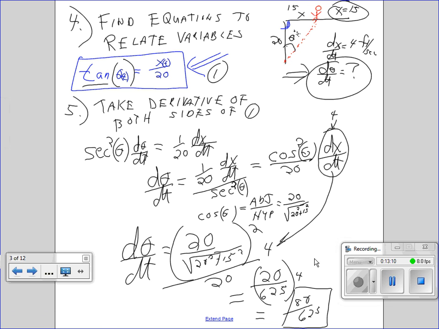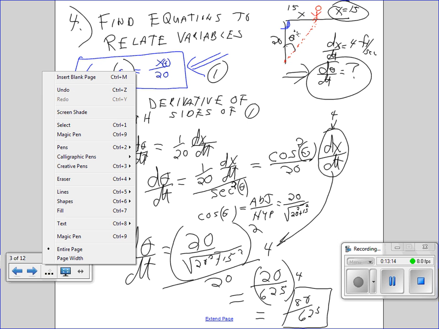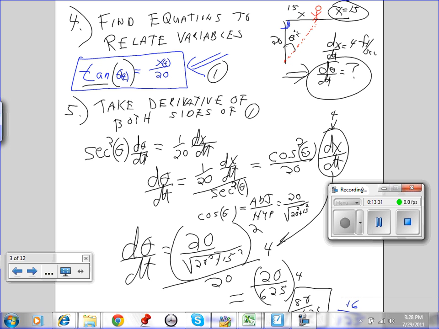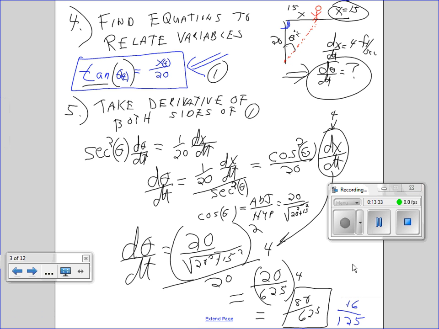Let's see if we can match our answer in the book here. We divide by 5 and we get 16 over 125. There you go. And now you get the thrill of success when you find out, sure enough, that's the answer in the back of the book.